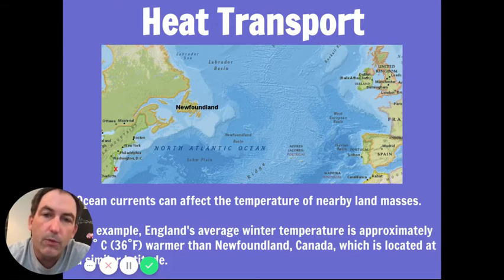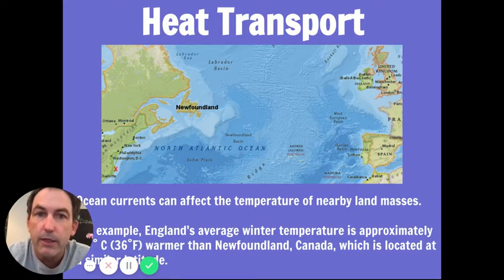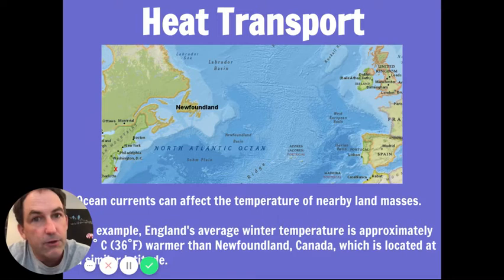Okay, so heat transport. With that global ocean conveyor, there's a tremendous amount of heat being transported in those warm ocean currents. And we know that water has a significantly higher heat capacity than air. So when you heat a water mass, it takes a long time for that water mass to cool, and that water mass can actually radiate heat to the atmosphere in a significant way. Consequently, places that are on the receiving end of, say, the Gulf Stream, such as Great Britain, can be significantly warmer than areas of the same latitude that aren't receiving that heat directly.